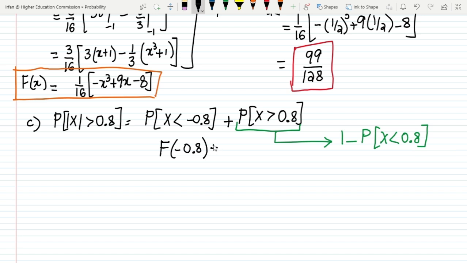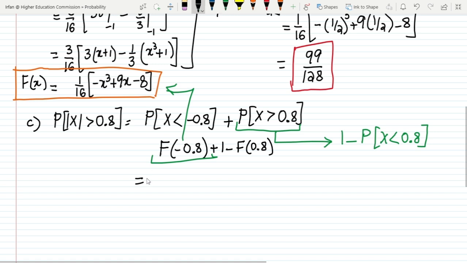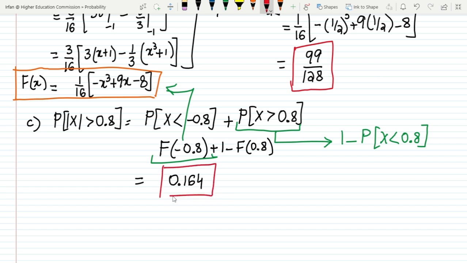So it will be F of minus 0.8 plus 1 minus F of 0.8. Now taking the function and putting the value minus 0.8 here, and then putting 0.8 here, ultimately the answer will be 0.164, and that is the solution of part C of my question.